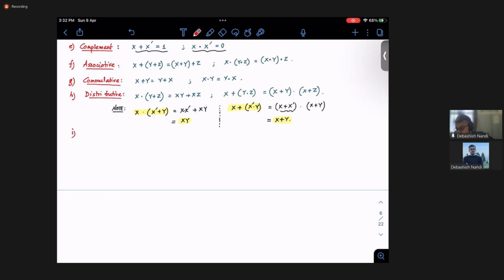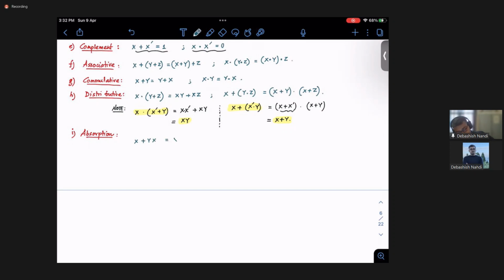And what is the next property? That is absorption. That means if you have this kind of stuff, x plus y of x. So what is that?